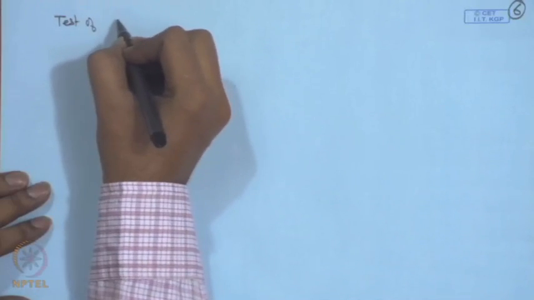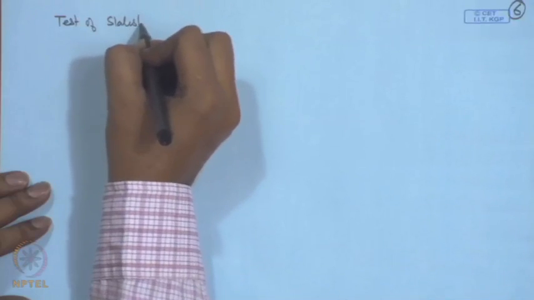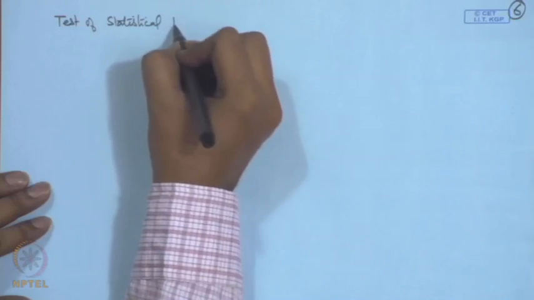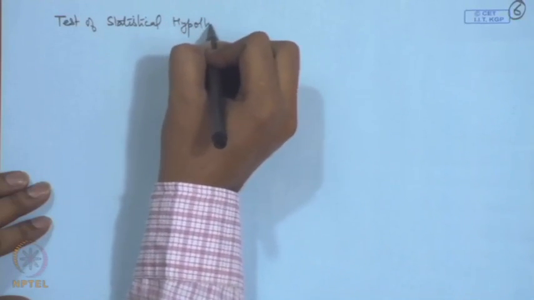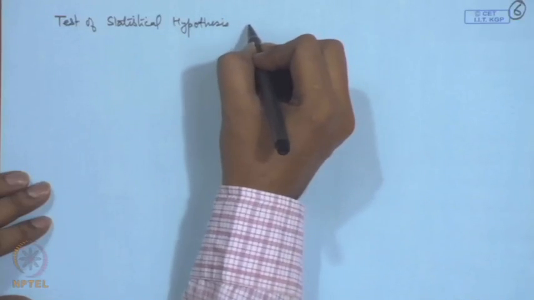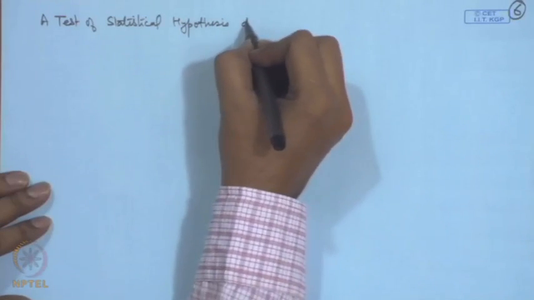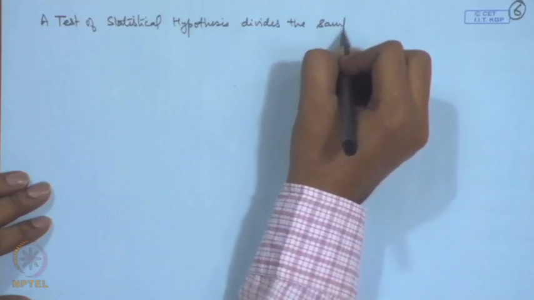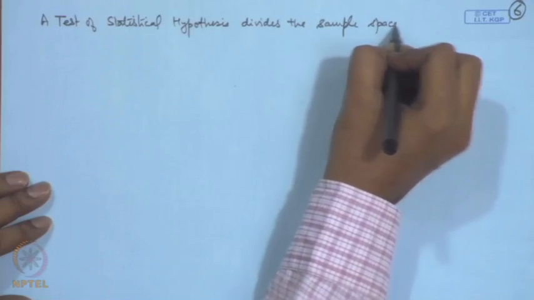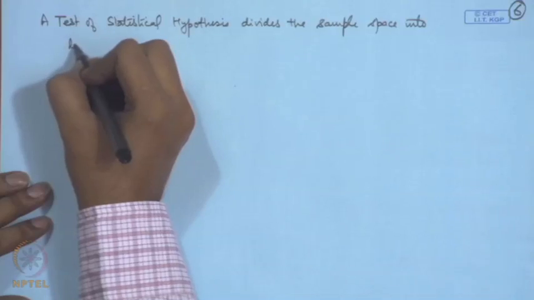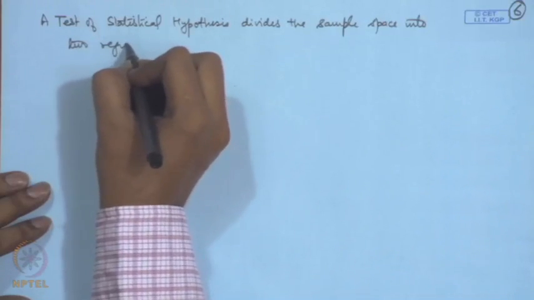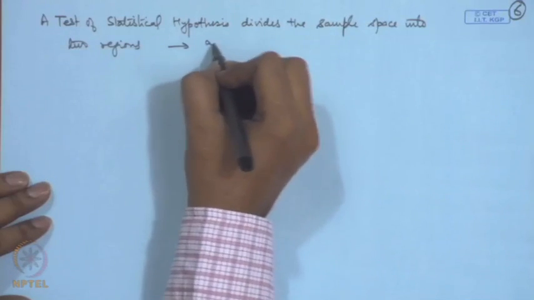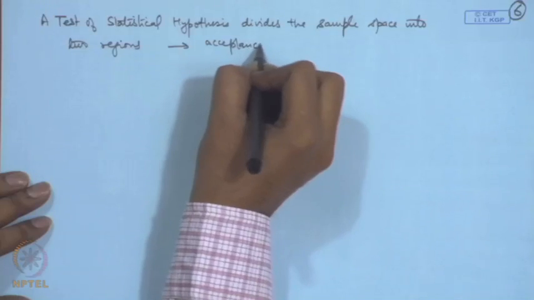So, what is a test of statistical hypothesis? A test of statistical hypothesis divides the sample space into two regions, that is the acceptance region and the rejection region.